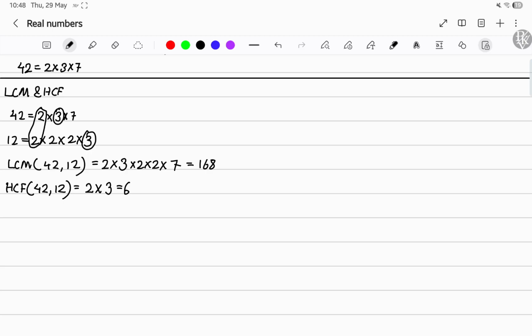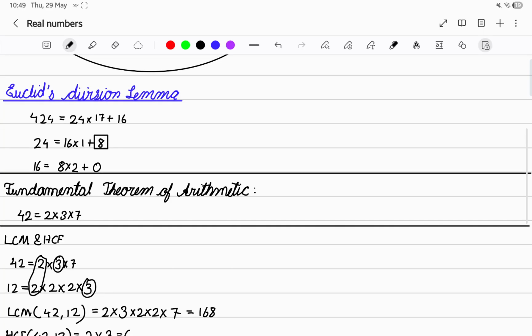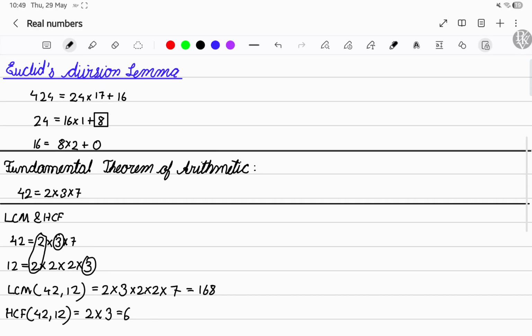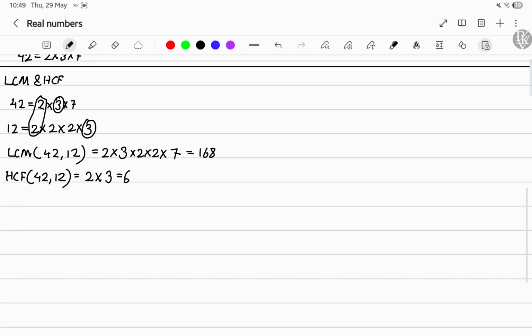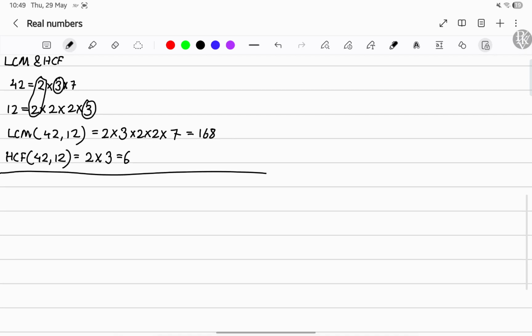So here 6 will be the HCF of 42 and 24. Now I have already explained what the meaning of HCF is, so I'm not going to do that again. And for this, Euclid's division lemma will help you a lot. Okay, that's it for LCM and HCF.